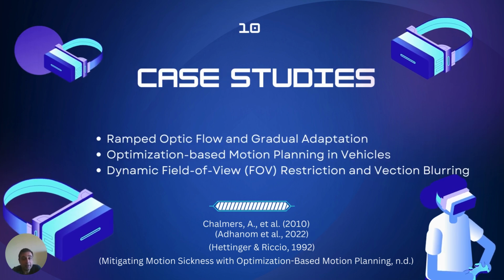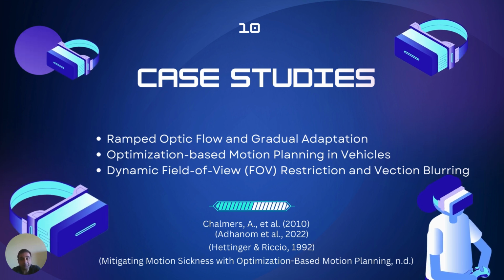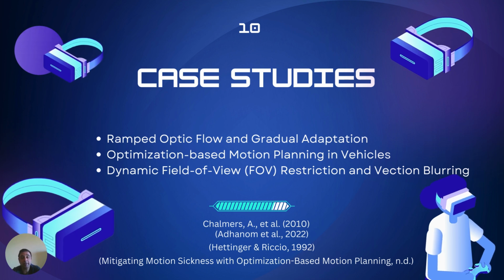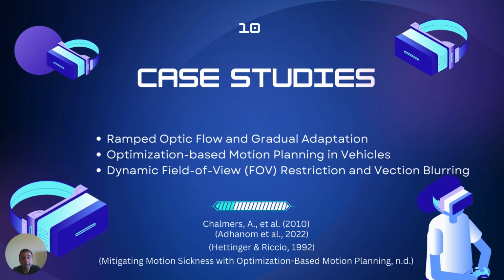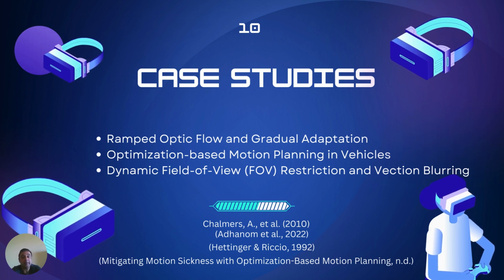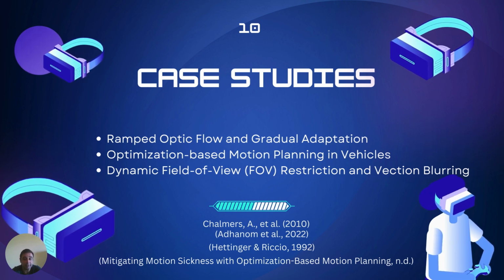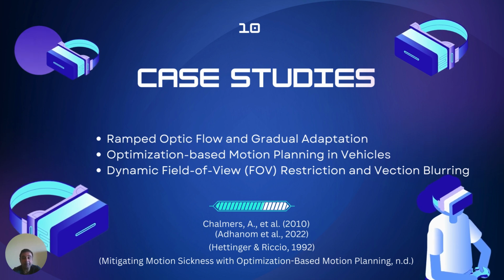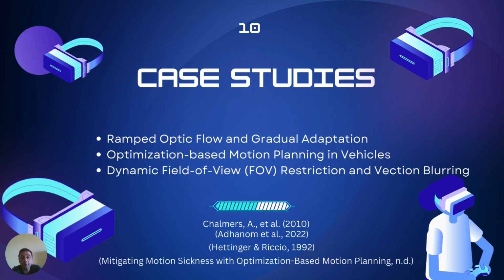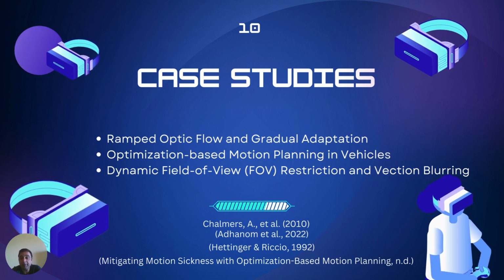So, let's look at some case studies of successful software that mitigates health risks. These examples highlight best practices and key takeaways from industry leaders, showcasing effective strategies in action. Let's start with number one, ramped optic flow and gradual adaptation.